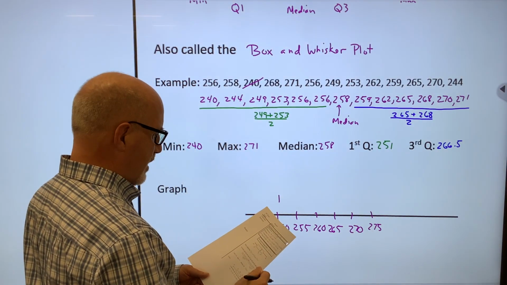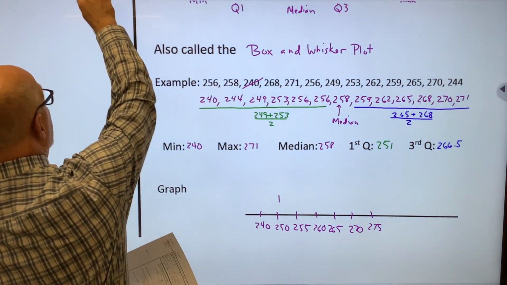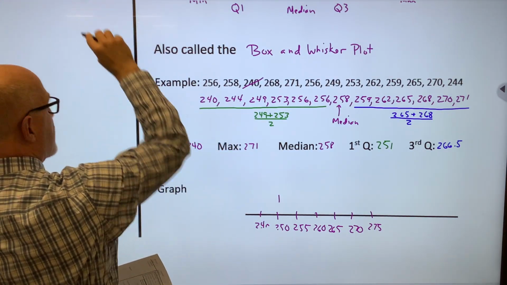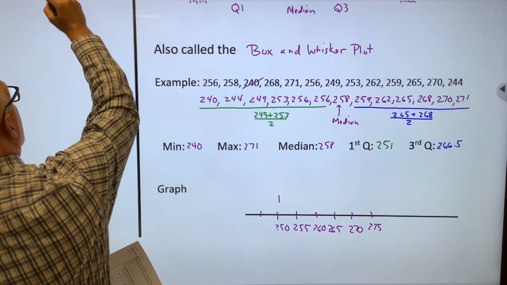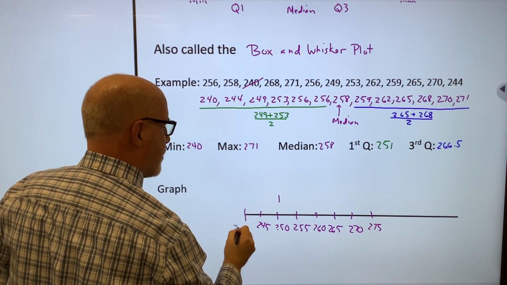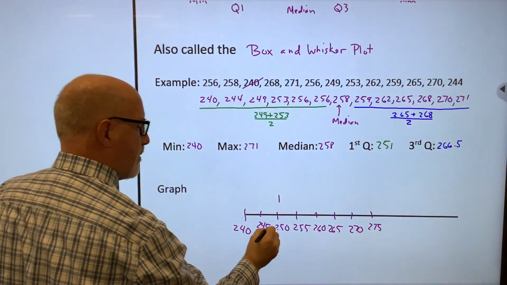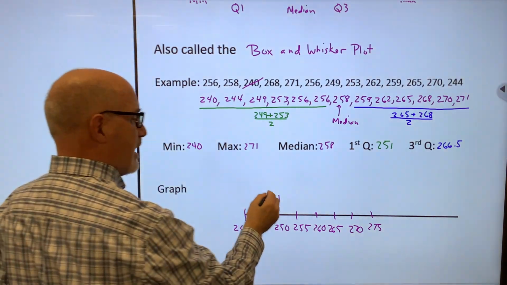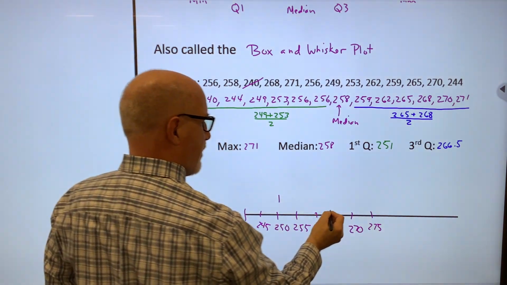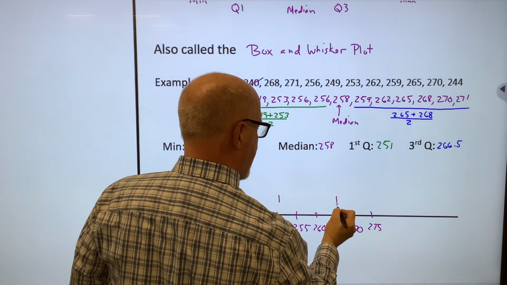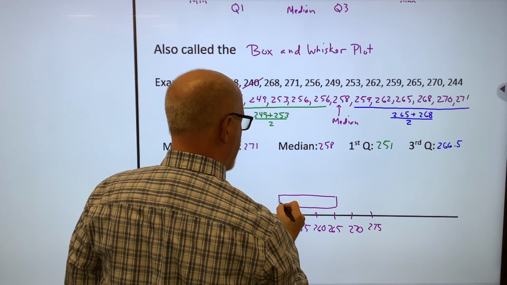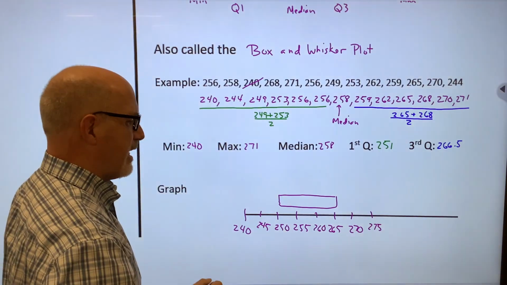Let's make sure we include all of our numbers here, so I'm going to go by 5s: 245 and then 240. Now there's the end of that box. I'll put the end of the other one at 266.5, so that would be out here. So draw a box, just a rectangle, representing the middle 50% of the data.